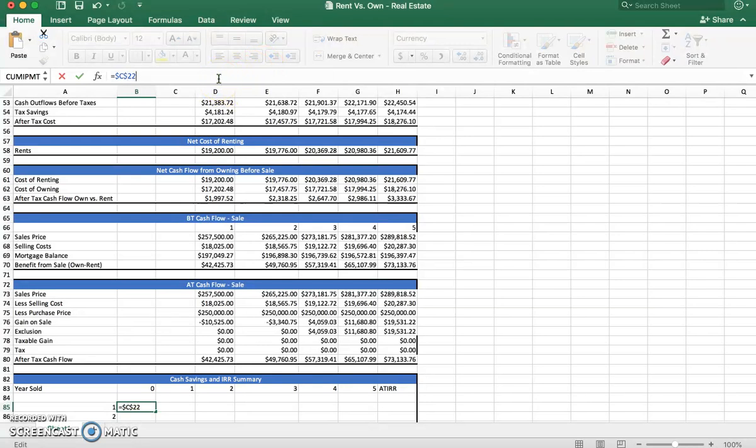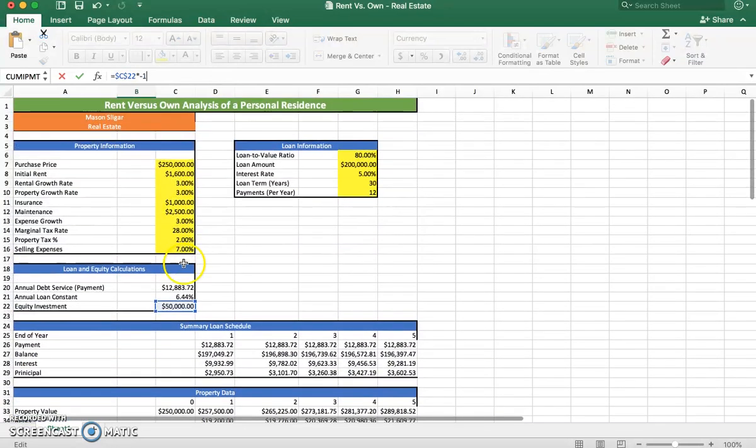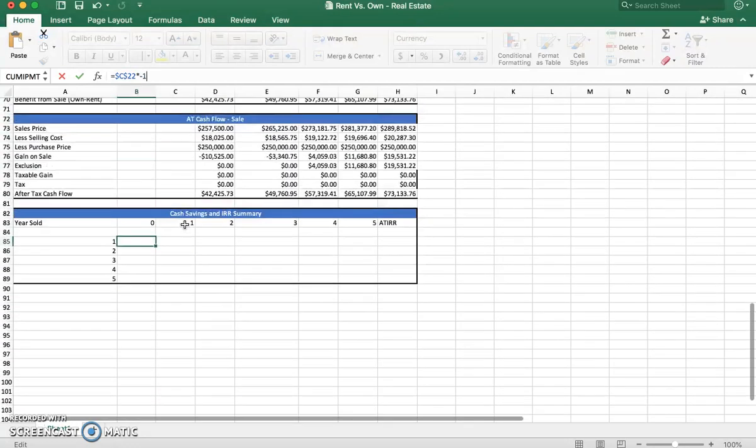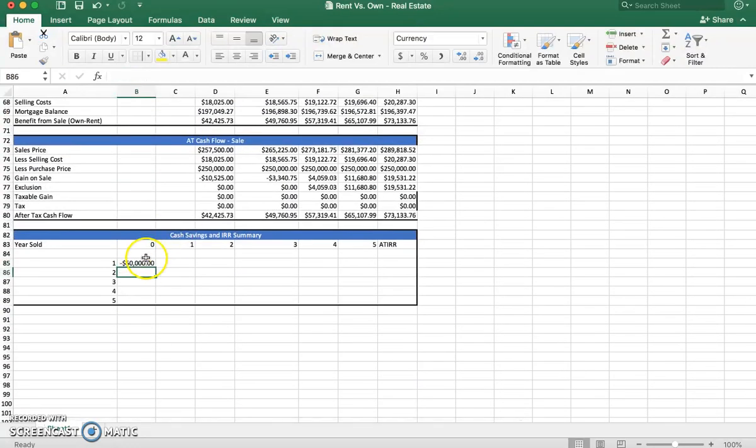And then we also want to multiply it by -1 because at the time we're actually in the hole there, because 250,000 minus our loan amount, so we're actually $50,000 down. So we want to make sure that that's a negative number. Pull that. Boom. Perfect. Alright, so we'll start with year 1 here.